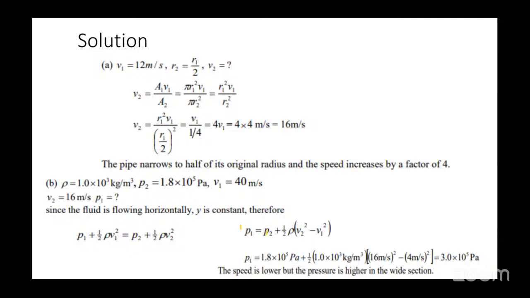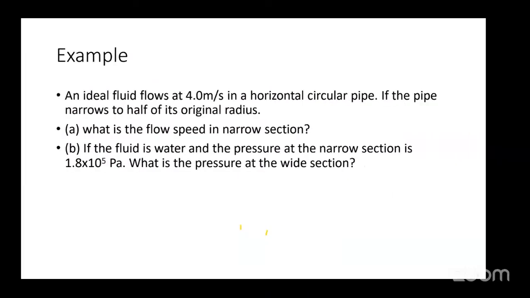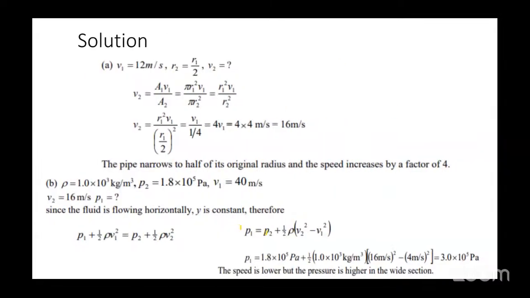That gives us 4 V1. And V1 is 4, sorry, not 12. V1 is 4. So 4 times 4 is 16.